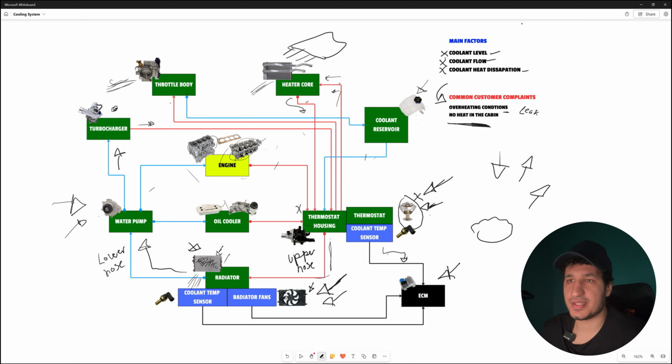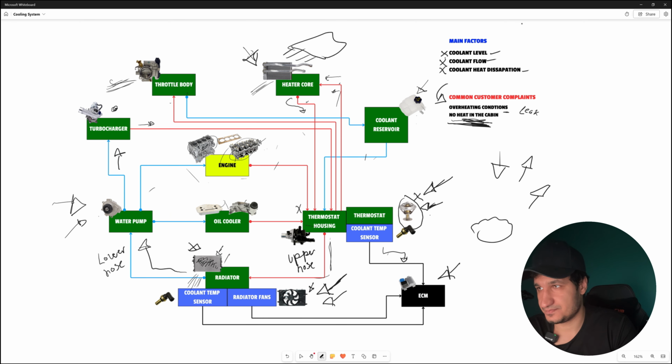All right, and then after that, the second complaint, which is going to be no heat in the cabin. It's mostly going to come from the heater core, this guy over here. There are two issues that could happen here.